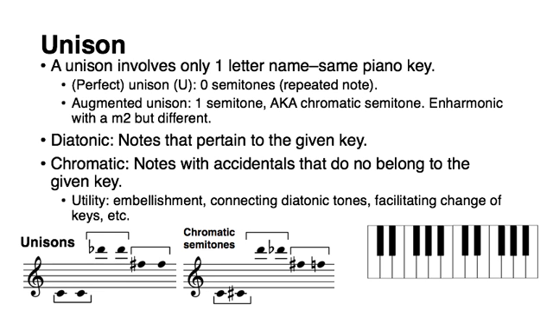But even if people refer to these chromatic semitones or augmented unisons as minor seconds, that is technically incorrect, because a minor second would involve two different letter names, whereas a chromatic semitone or an augmented unison is just one letter name. So here are a couple of examples of unisons, or, in parentheses, perfect unisons, where you have repeated notes.